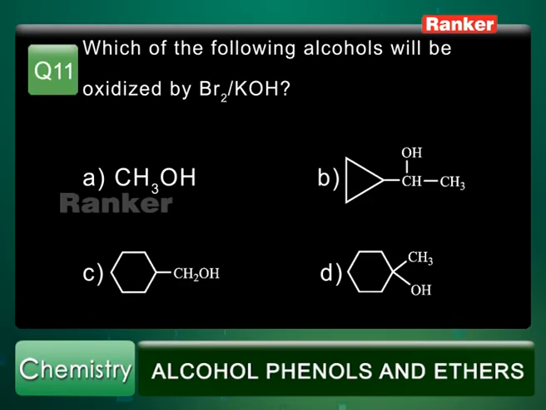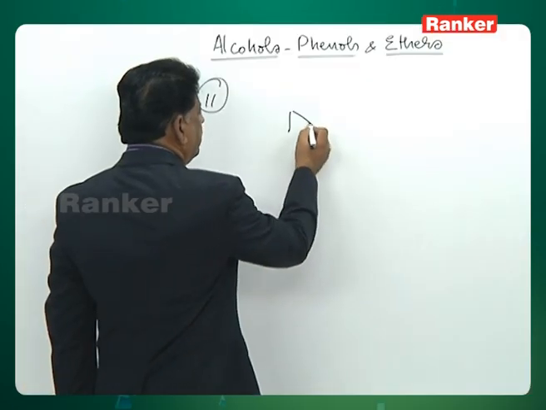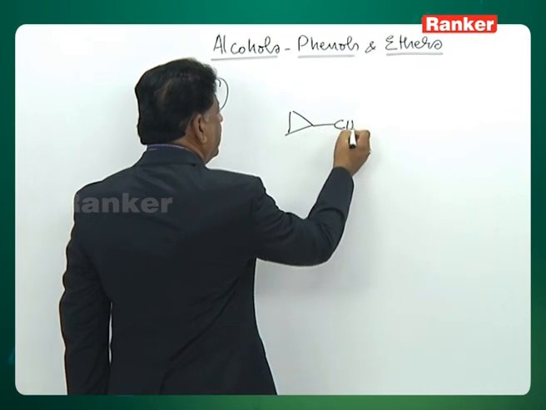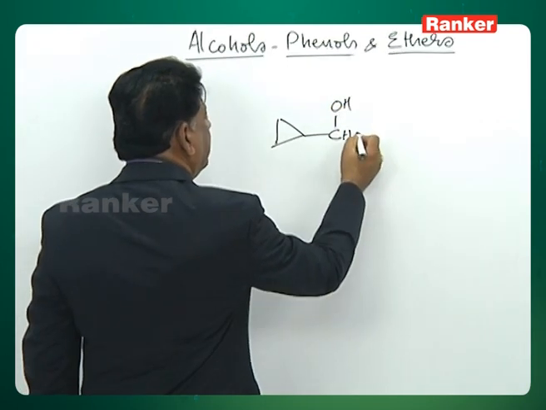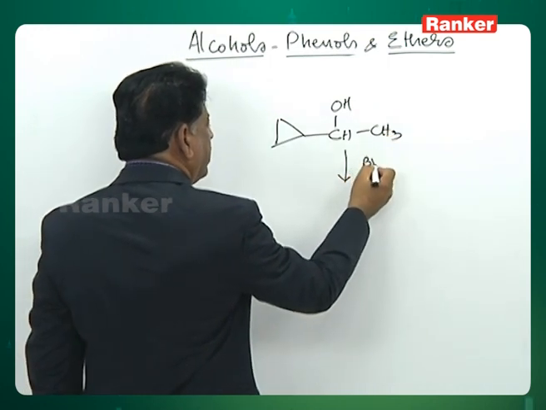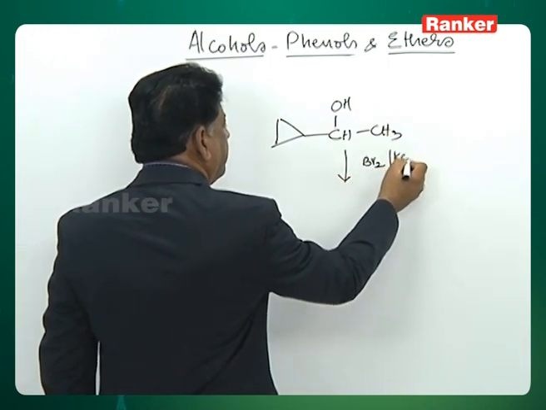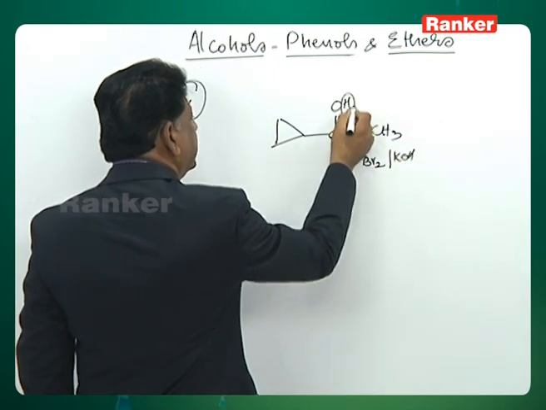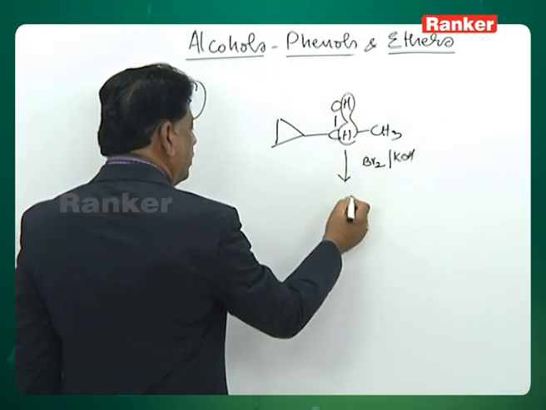So option 1 is methanol. That cannot undergo this type of oxidation followed by the haloform reaction, and only B undergoes a reaction wherein we have a cyclopropyl group attached to the 2 degree alcohol with the CH3, which on bromine and KOH gives an oxidation reaction, and you will get a ketone, right?